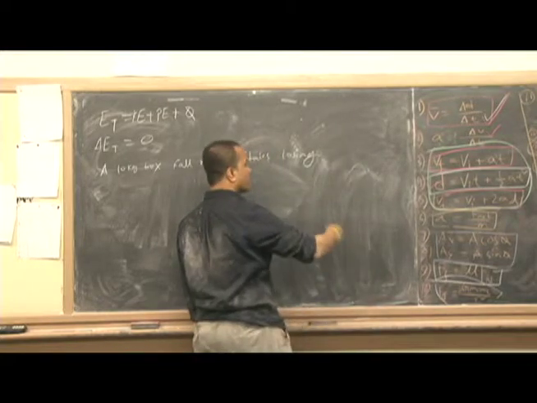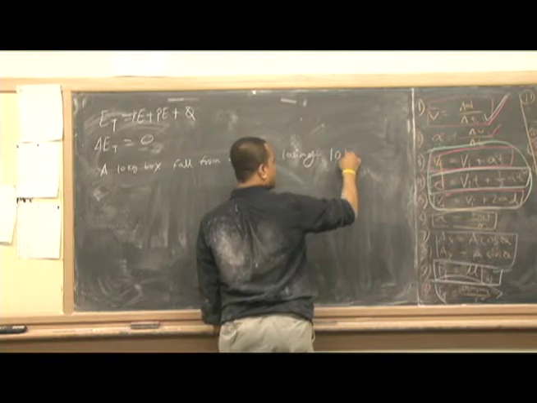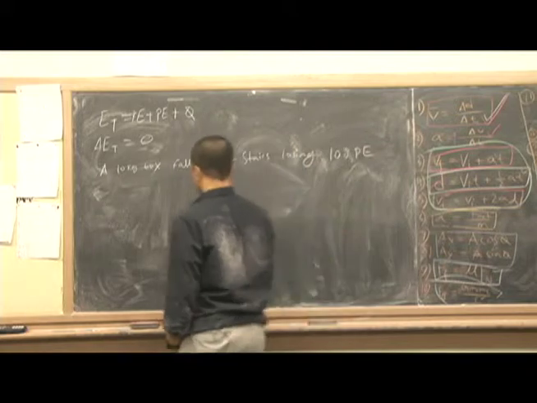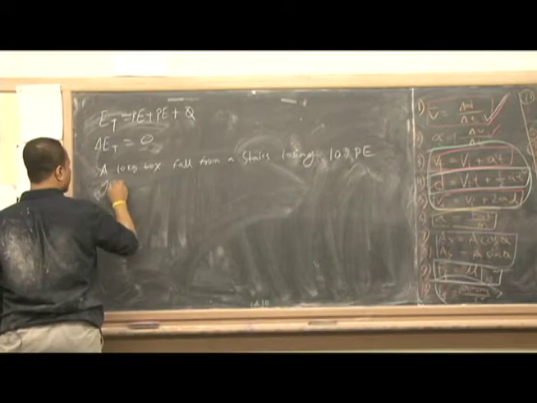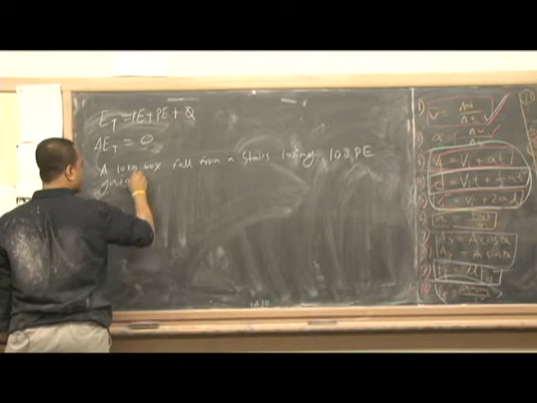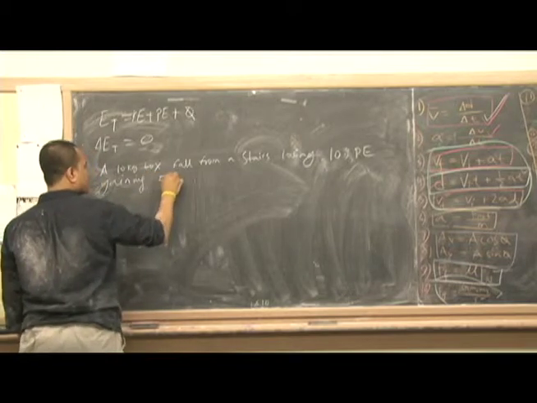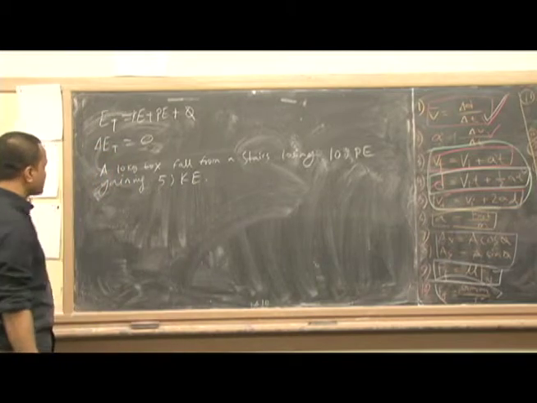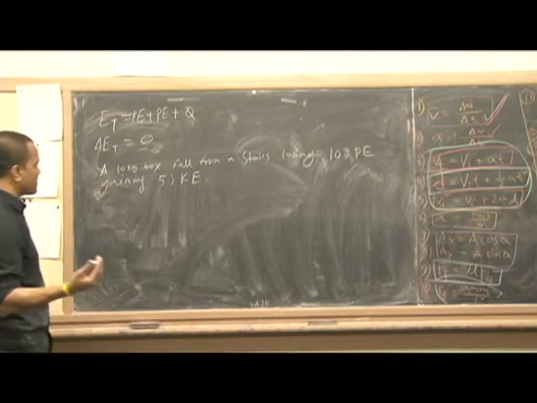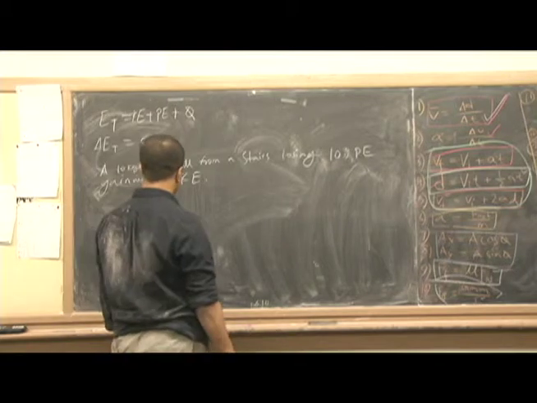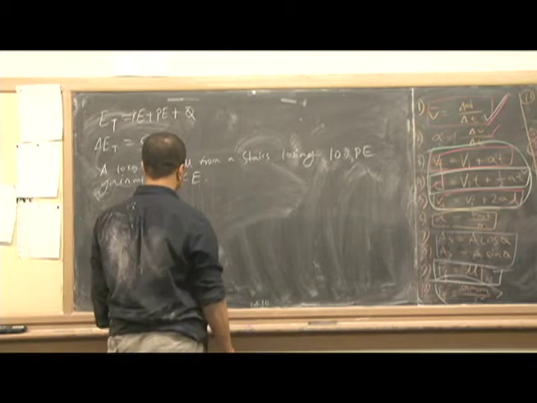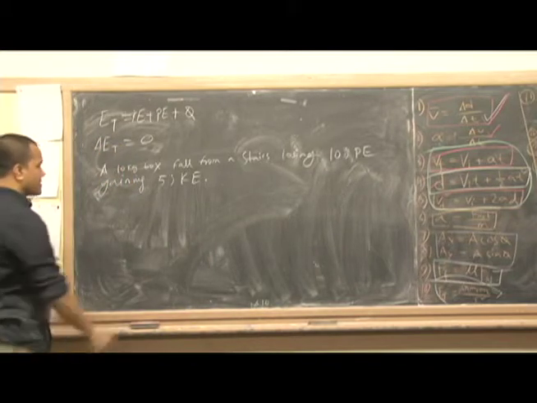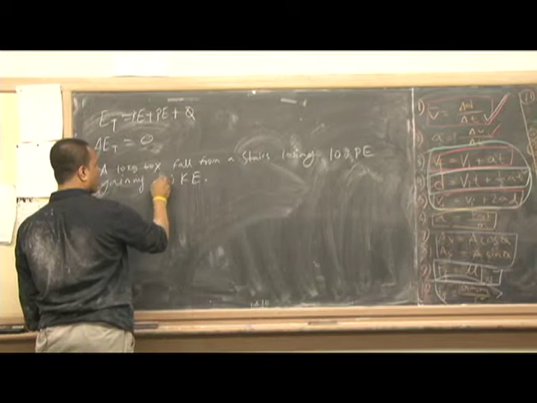When something is falling, it's losing potential energy. 10 joule potential energy, and gaining 5 joule kinetic energy. Where does the other energy go? Converted to some other kind of energy, mechanical energy, heat energy. It's converted to something else. Not that much, say 8 joule.